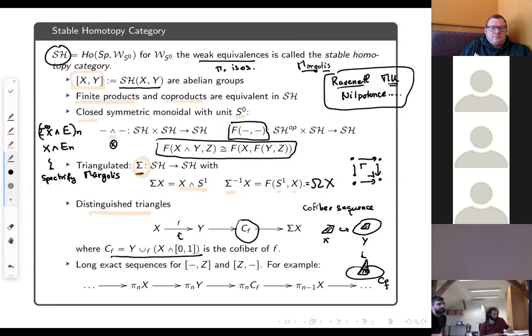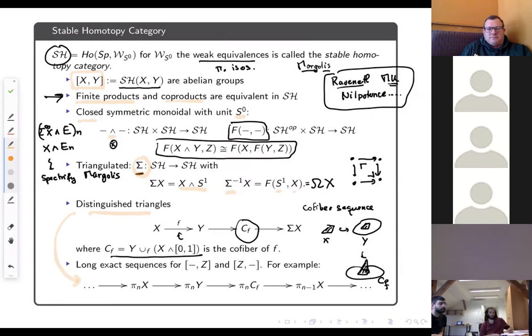Let me just say, I didn't write it on the slide, but why cofibers, why not fibers? Because of this, fiber and cofiber sequences are going to be the same. So you could have said that the distinguished triangles were the fiber sequences too. Okay. And now, if you have a distinguished triangle, then they give long exact sequences.